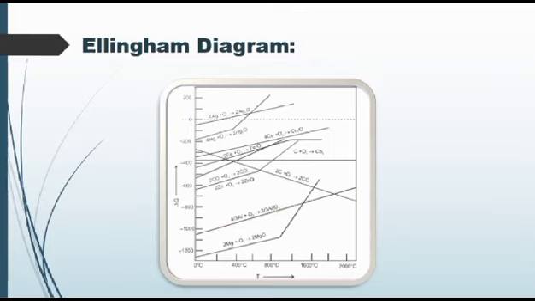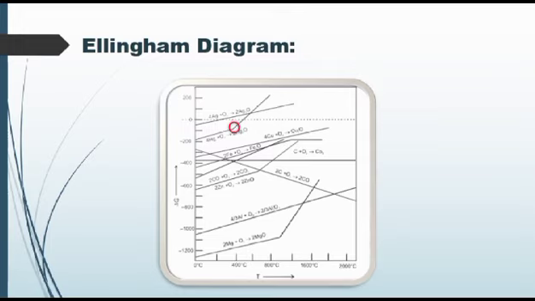And if you see the graph, there is a certain change in the slope for some lines. For example, if you see the line for mercury oxide, at a particular point, the slope of the line changes because at that point it reaches its boiling point. A solid mercury oxide suddenly becomes a gas.